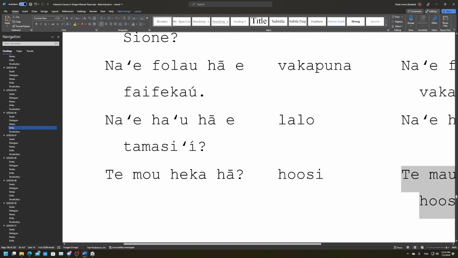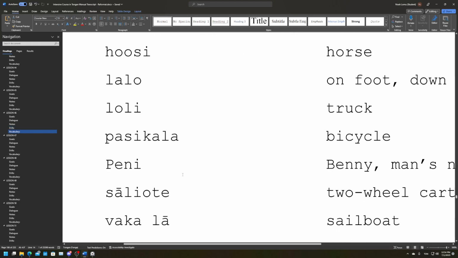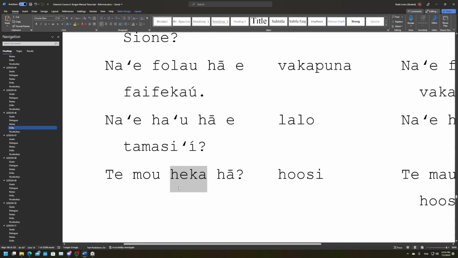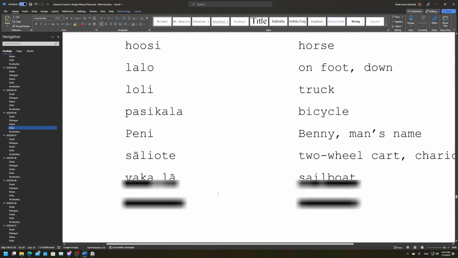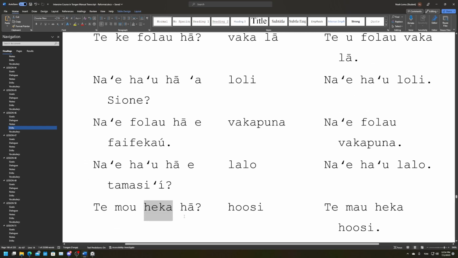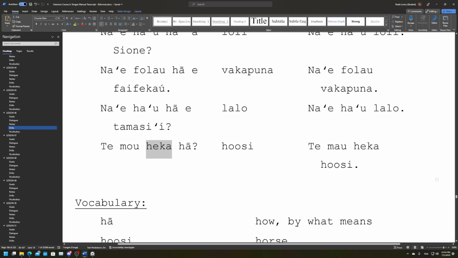So heka means ride. Yeah, it does. It means to get up on something. We already learned it. But in the question "temo heka ha," you're asking what did you ride here?